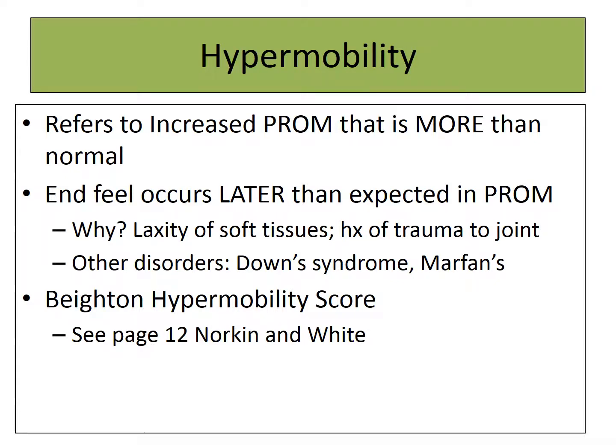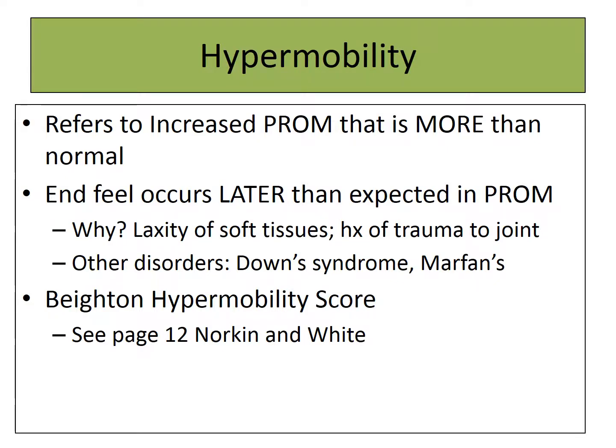There are some diagnoses or pathologies in which this occurs more frequently. Two examples listed are Down syndrome and Marfan syndrome, where there's a laxity within the soft tissues. You can also see this after someone has had an ankle sprain or repeated ankle sprains, and they don't have that stability in their ankle anymore. You could say that their ankle is hypermobile.